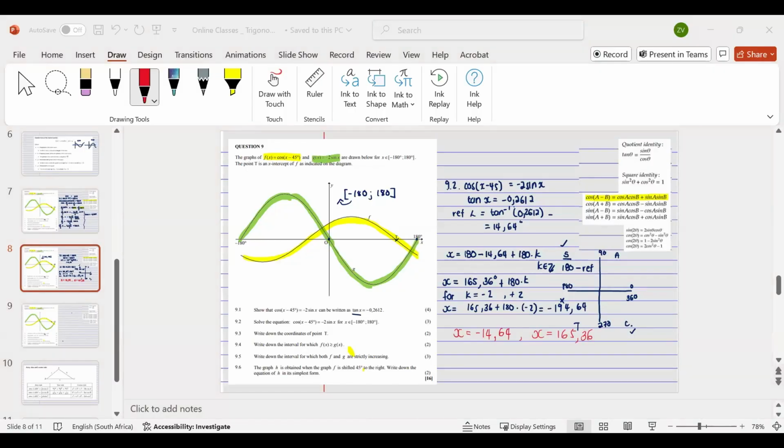After 0 comes 1, and we get 345. Any number after 1 is going to give us a bigger number. So our two solutions are x equals -14.64, or x equals 165.36.